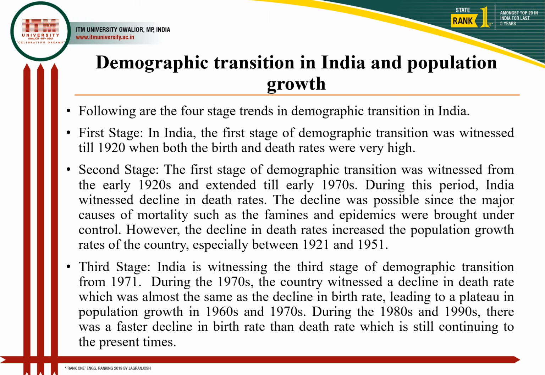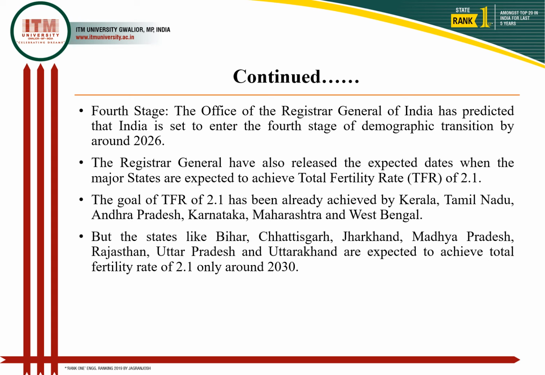However, in the 1980s and 90s, there was a faster decline in birth rate than death rate, which is still continuing at present. So this is the phase where population growth has been significantly checked.